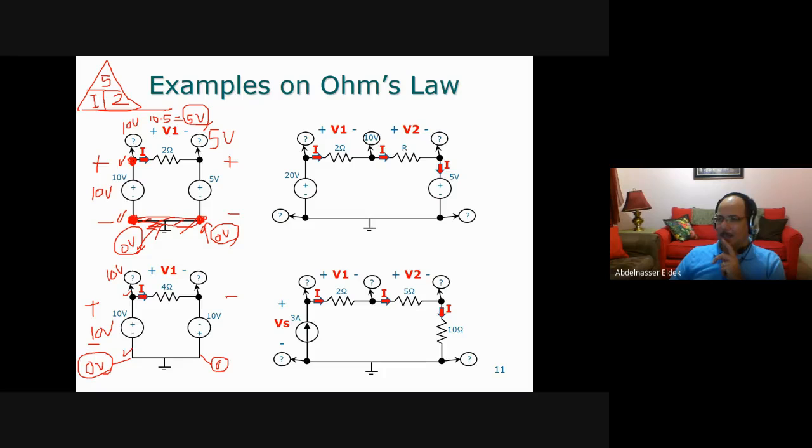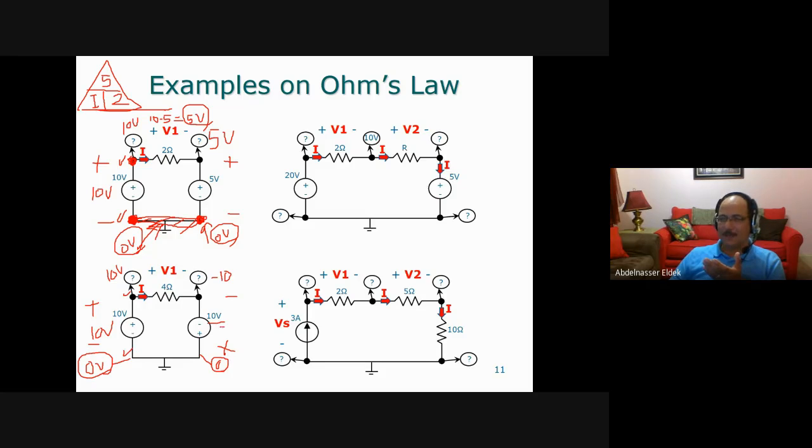Second, here, this one is 0. This one is, I don't know, let's see. This one is negative and this one is positive. So you cannot say this one is 10. No, it's supposed to be negative, because it's connected to the negative side. Now you can calculate the voltage here.